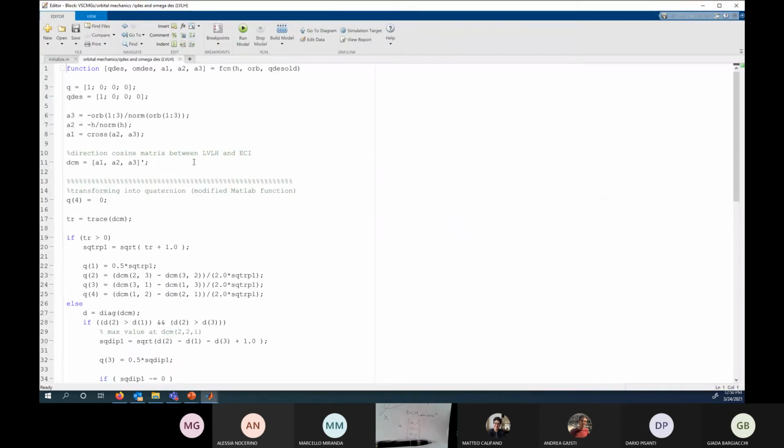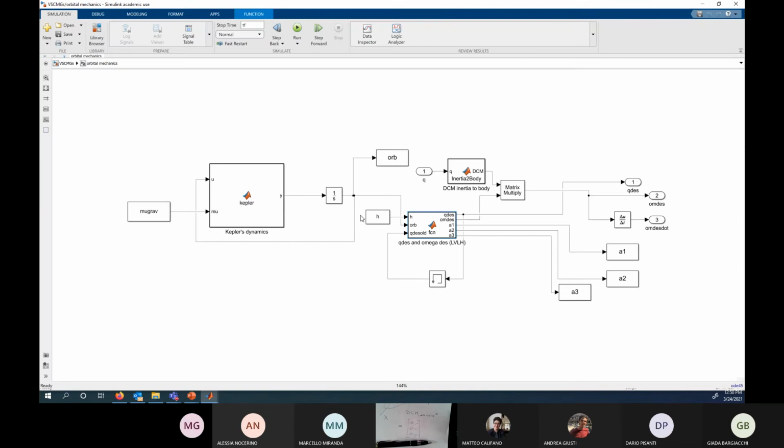Keep in mind that you have to use the function that I gave you, the DCM2 quaternion mine, I called it, to create the Q desired and the omega desired. And eventually you will also have to change the projection axis of the omega desired, okay?